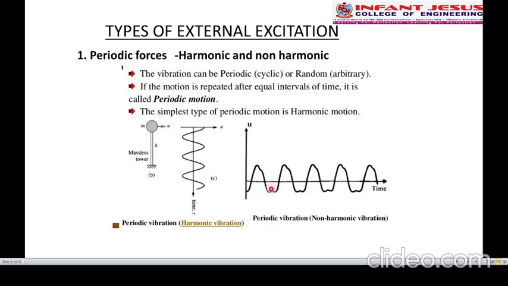Non-harmonic means it is not perfect: it occurs at equal intervals of time, but it is not perfect. So here we have two categories for periodic forces: harmonic and non-harmonic.